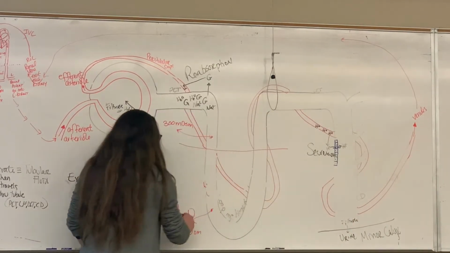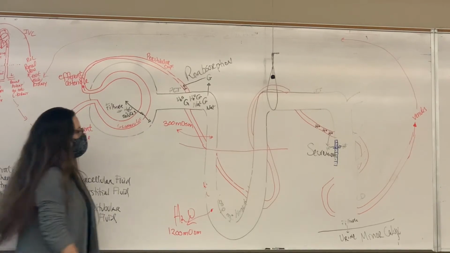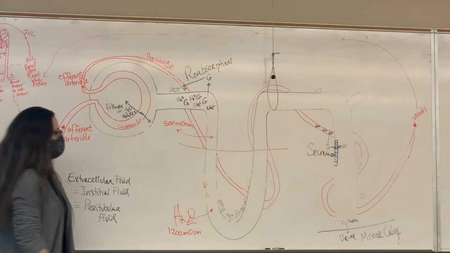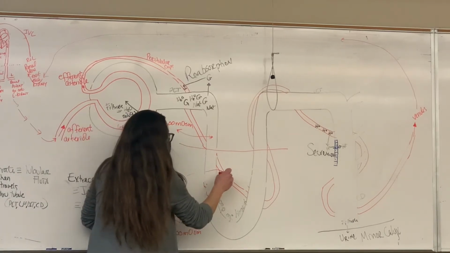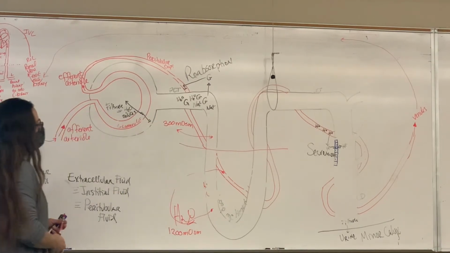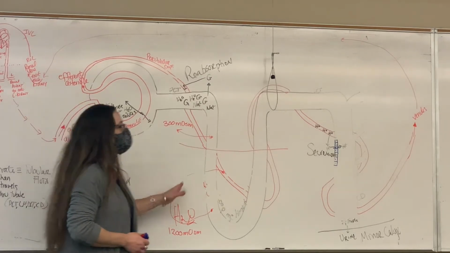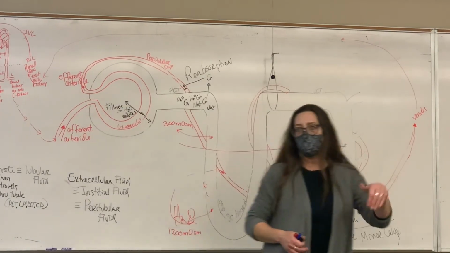And once we get the water out here, where's it gonna go next? It's gonna go into the blood that's in the peritubular capillaries. It will get reabsorbed, okay? So those long loops of Henle are really important in making sure that we produce a nice concentrated urine, making sure that we don't lose too much water.